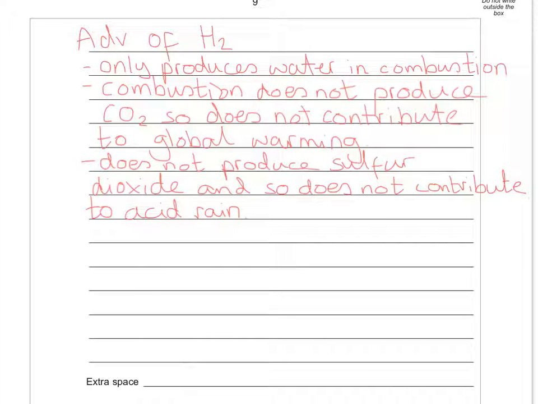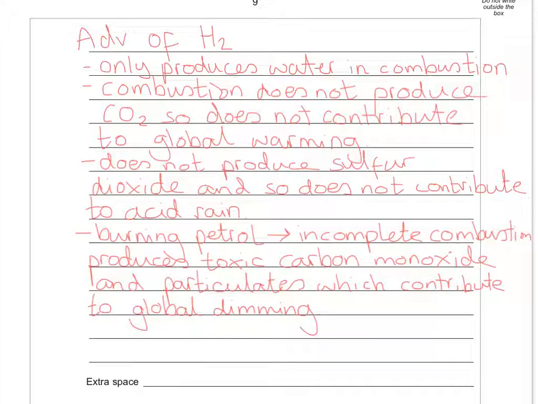Incomplete combustion of petrol produces carbon monoxide, which is toxic. It also produces particulates that contribute to global dimming. You could also have said that petrol comes from a non-renewable resource, but there are renewable or other methods of producing hydrogen. You could also say that hydrogen releases more energy, so it's more efficient.